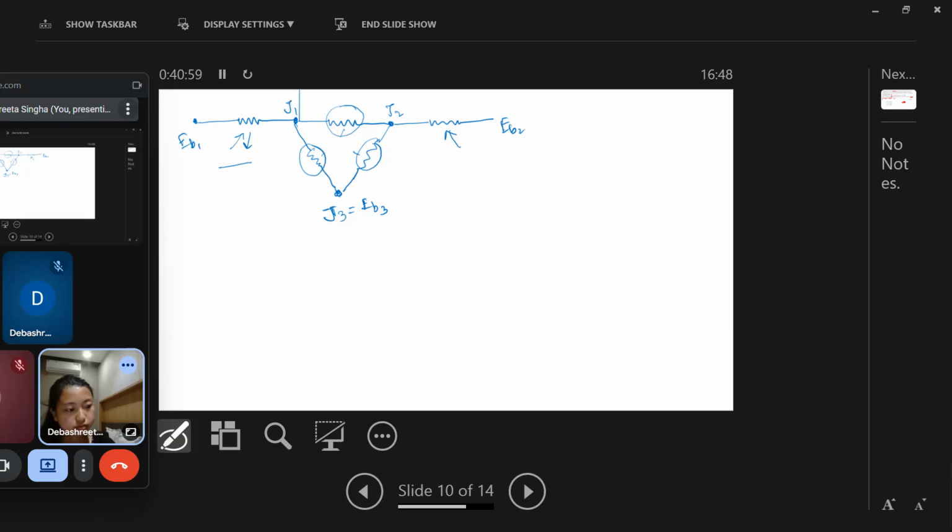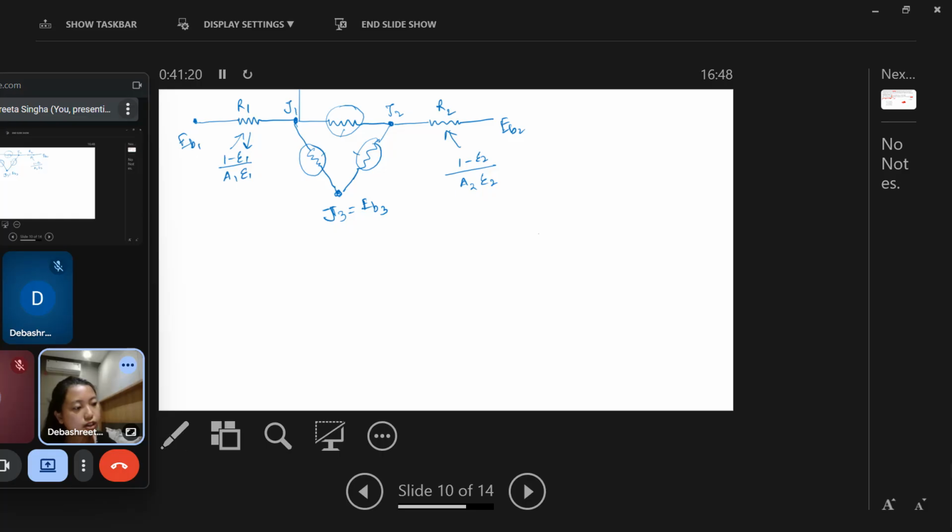1 minus epsilon 1 divided by A1 epsilon 1. This resistance can be written as 1 minus epsilon 2 divided by A2 epsilon 2. Suppose this is R1, this is R2.